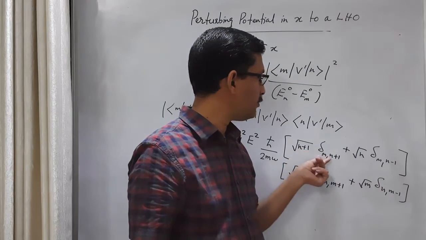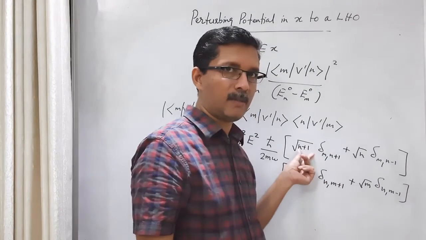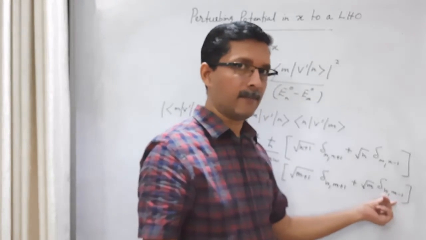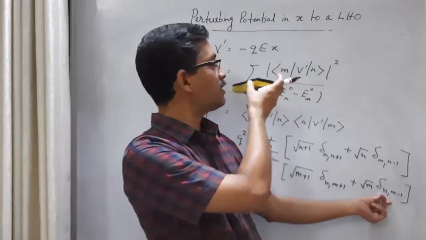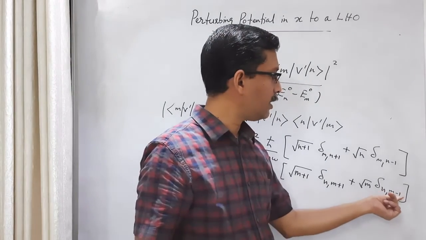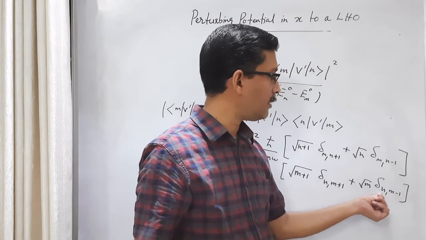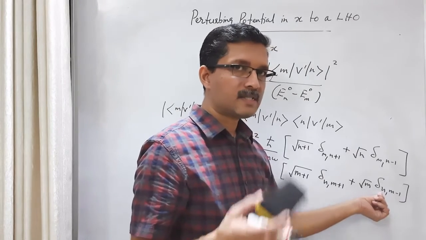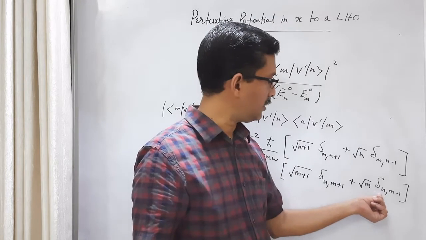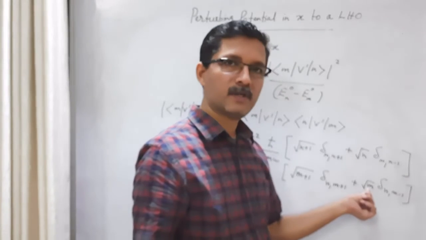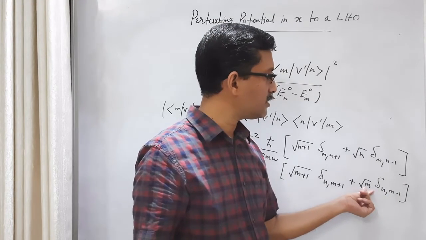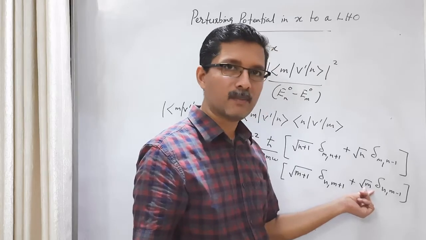Since m is the summation variable here, only one term will be non-zero, when m is equal to n plus 1. So you have to put m is equal to n plus 1 here also. This Kronecker delta is 1 only when m is equal to n plus 1. So you have a root of n plus 1 here.